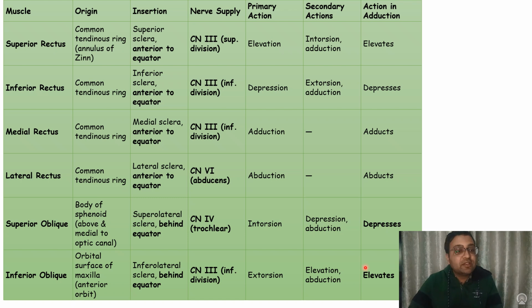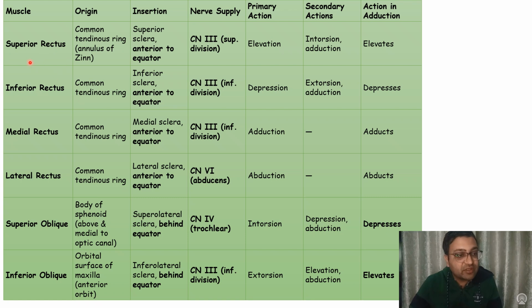All right. Now we all know medial rectus and lateral rectus have primary action which is adduction and abduction respectively. For superior rectus and inferior rectus, we have primary action of elevation and depression, as we all know, but these muscles are checked in abduction.